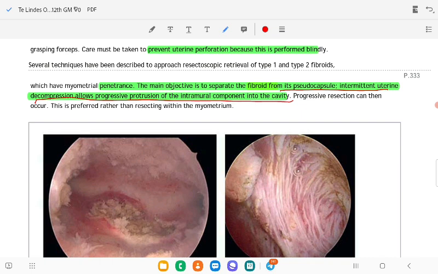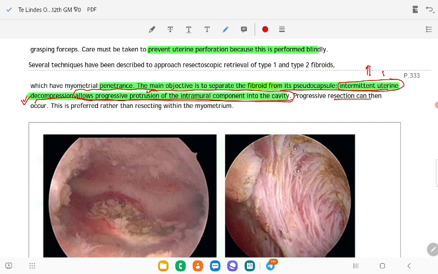So the main objective is to separate the fibroid from its pseudo capsule. If you give intermittent uterine decompression, you increase pressure, decrease pressure, increase pressure, and that will allow the progressive protrusion of the intramural component of the fibroid into the cavity.